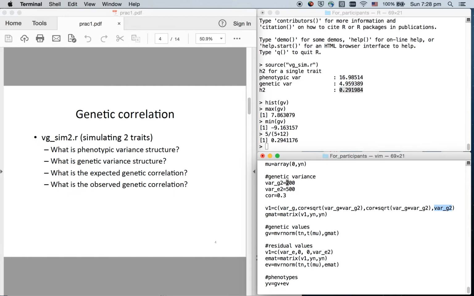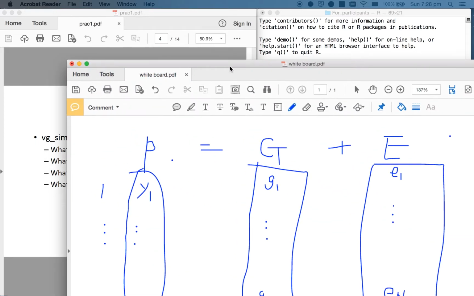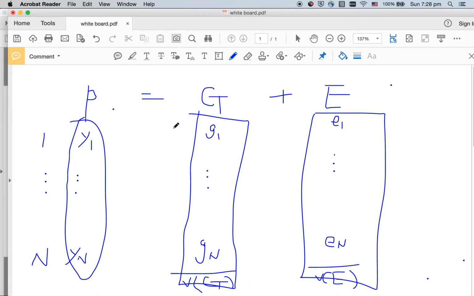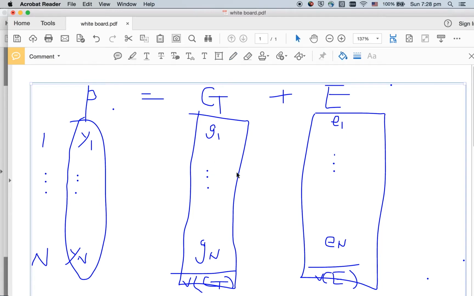So this basically shows. Sorry, I'd like to find my whiteboard. So yeah, here. I can briefly draw what the structure looks like.